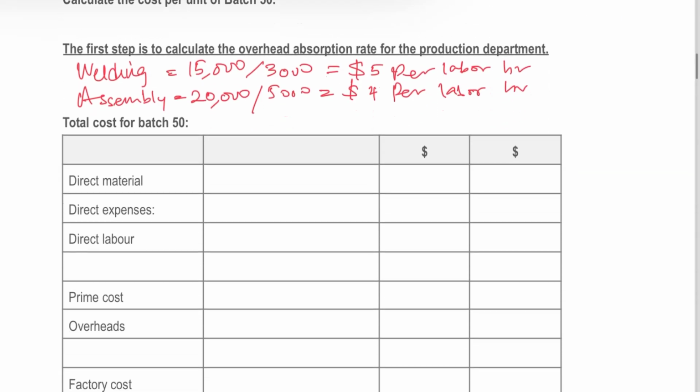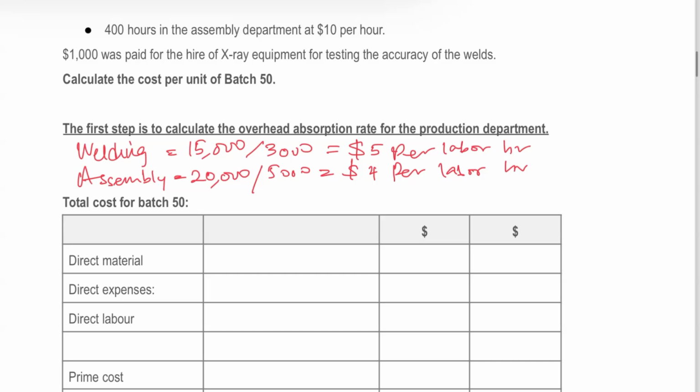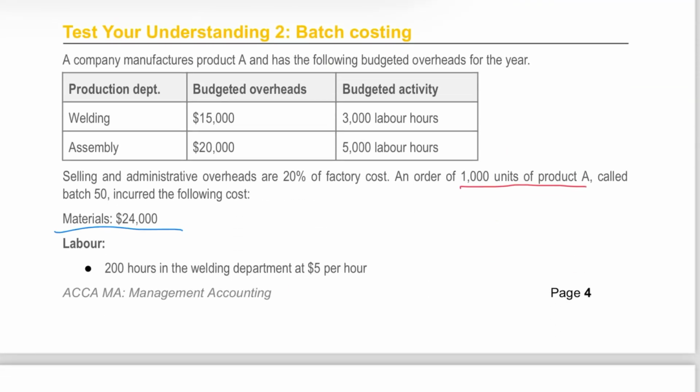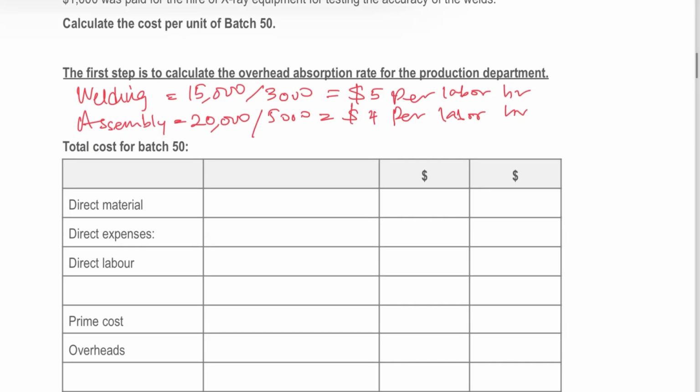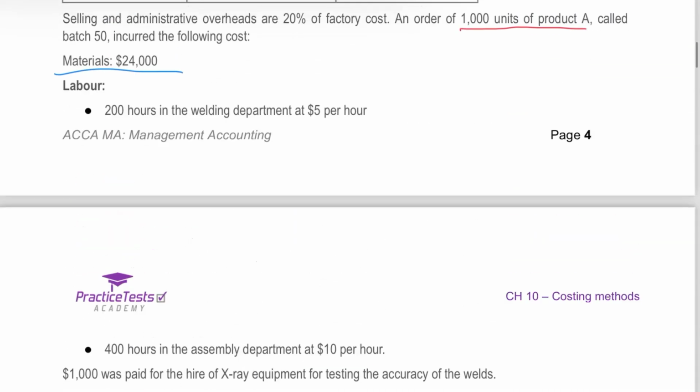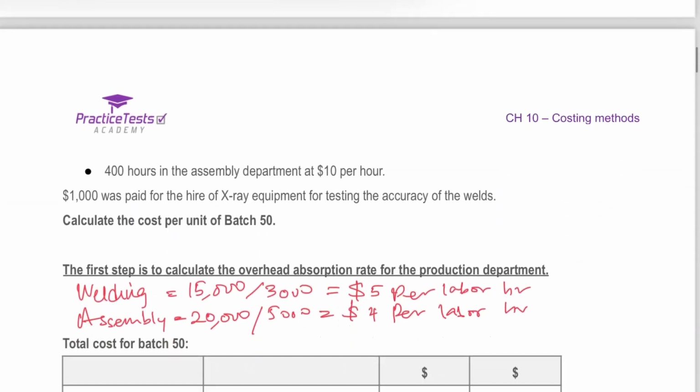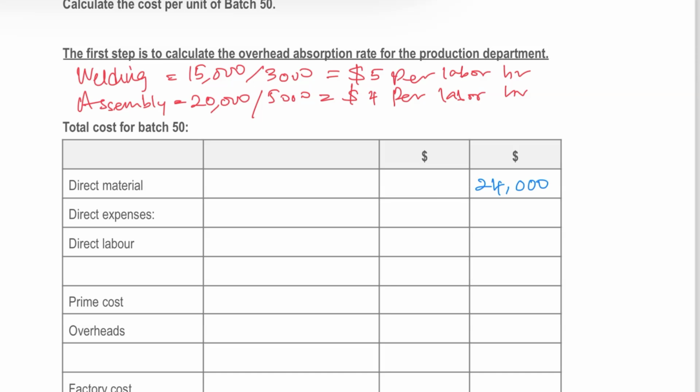So now to calculate the total cost, as per the cost sheet, we'll have direct material. So direct material given here is 24,000. So we can include that straight away. Pretty straightforward. Then we have direct expenses. We have direct labor. So direct labor is 200 hours in the welding department at $5 per hour, and assembly.